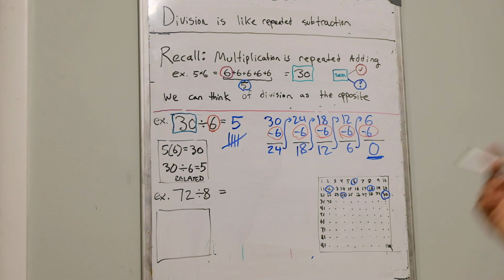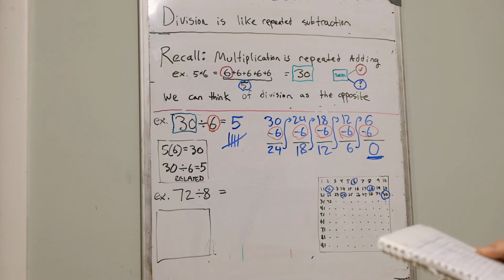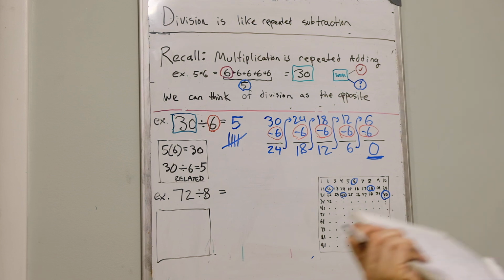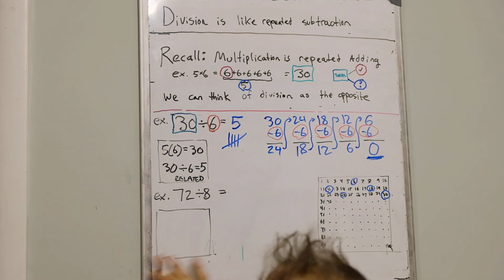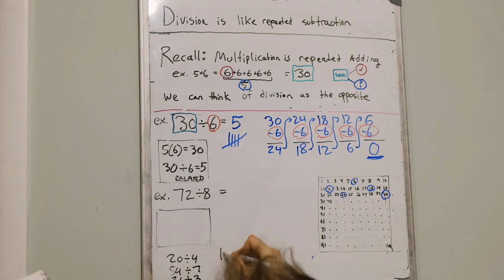If you think you have this, you can try some examples to give this a go. You could do some easy ones like 20 divided by 4, 54 divided by 7, or 21 divided by 3. 120 divided by 8 if you want something a little tougher. 1400 divided by 200.